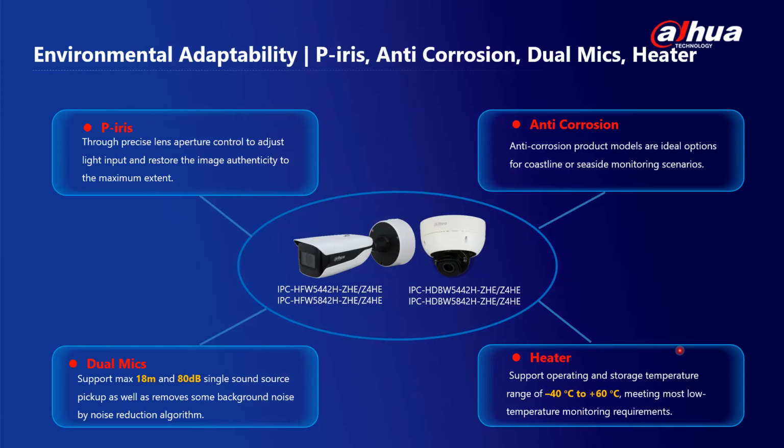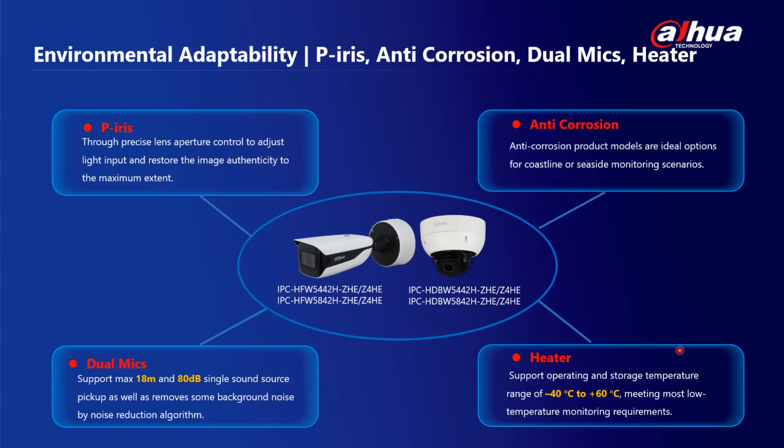So the p-iris, that is through the precise lens aperture control to adjust the light input and restore the image authenticity to the maximum extent. So what this p-iris does is basically tries to address some of the other shortcomings of the previous WizMind 5 eyepieces, auto iris lenses.